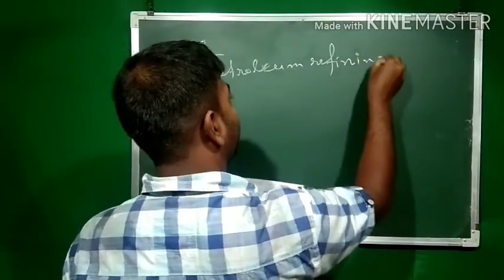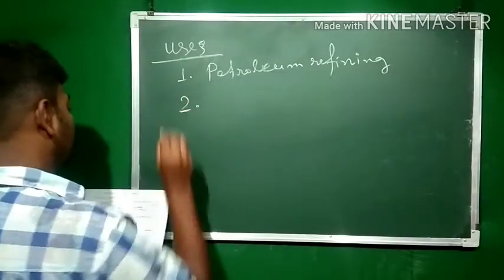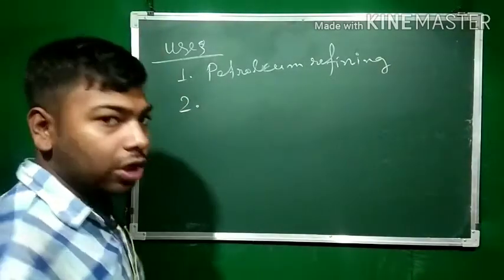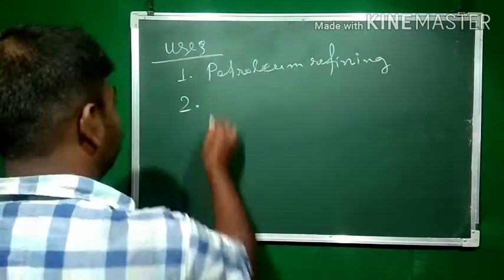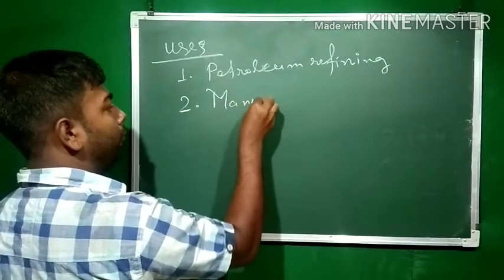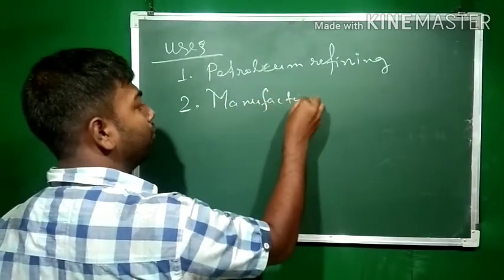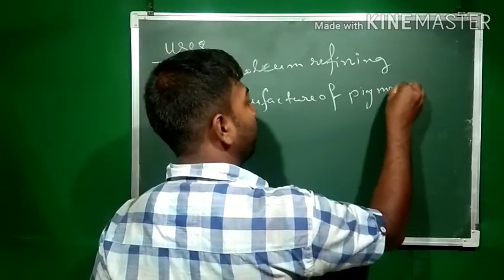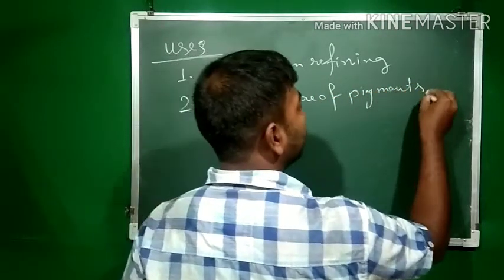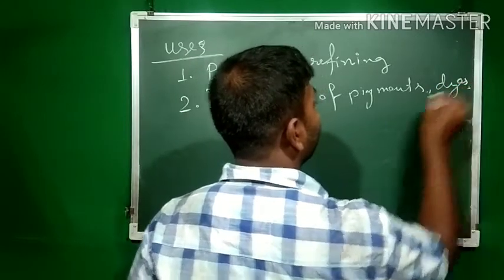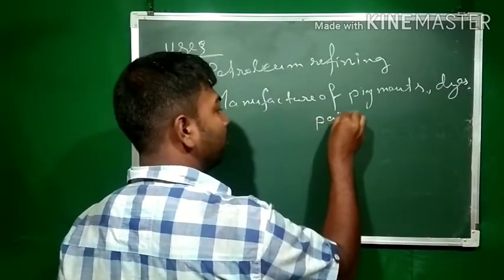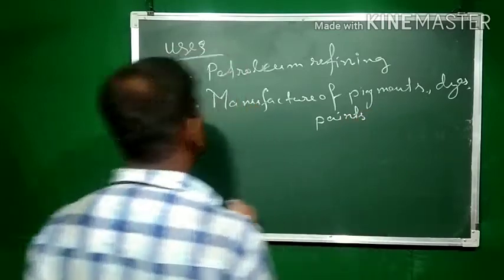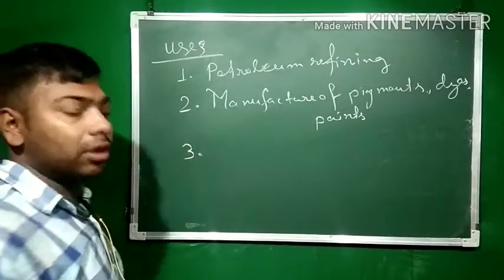Refining, okay. Petroleum refinery. Second use is the manufacture of pigments, dyes and paints. Third usage is in detergent industry.